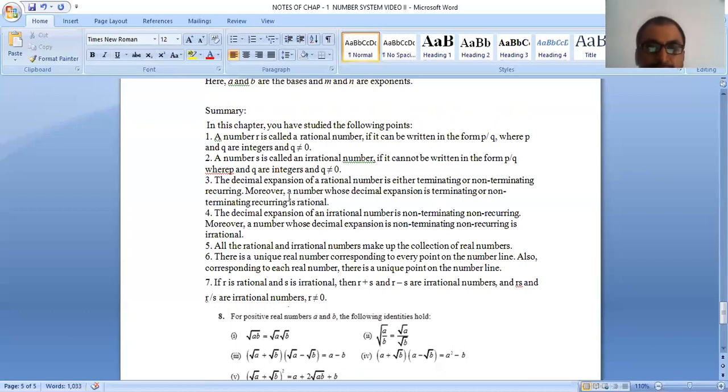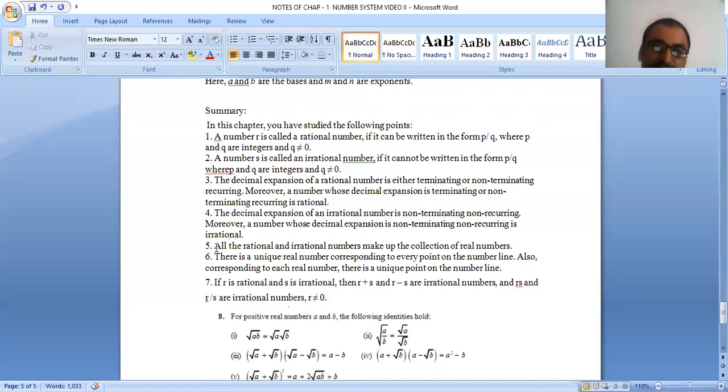Moreover, a number whose decimal expansion is terminating or non-terminating, recurring is rational. Fourth point is the decimal expansion of an irrational number is non-terminating, non-recurring. Moreover, a number whose decimal expansion is non-terminating, non-recurring is an irrational number.